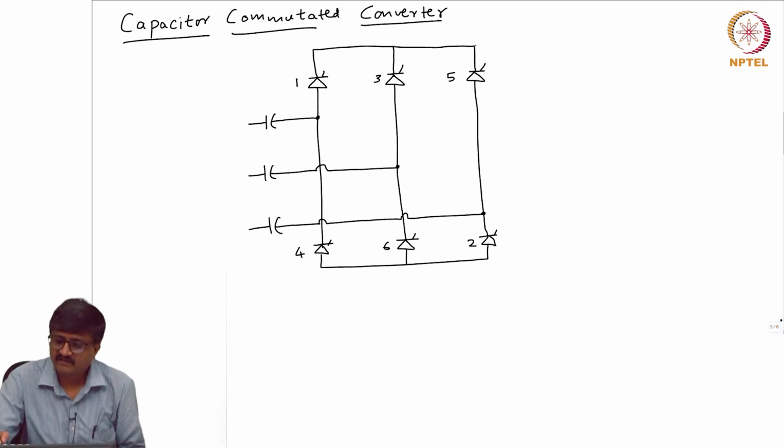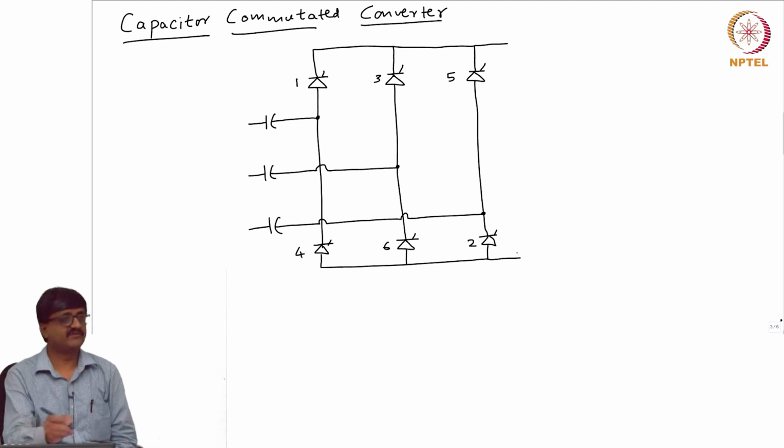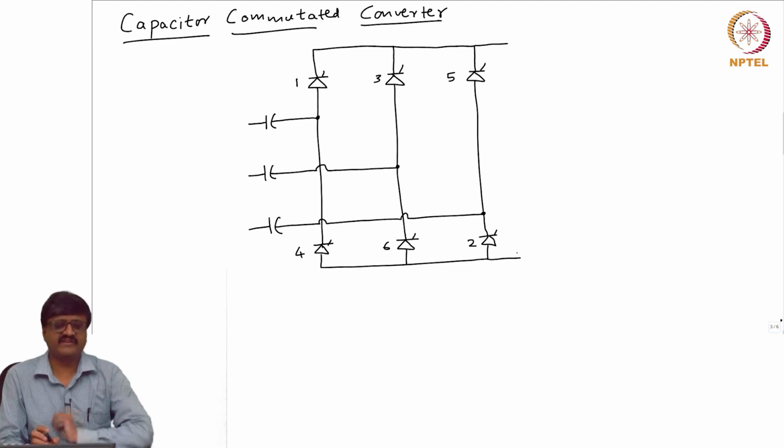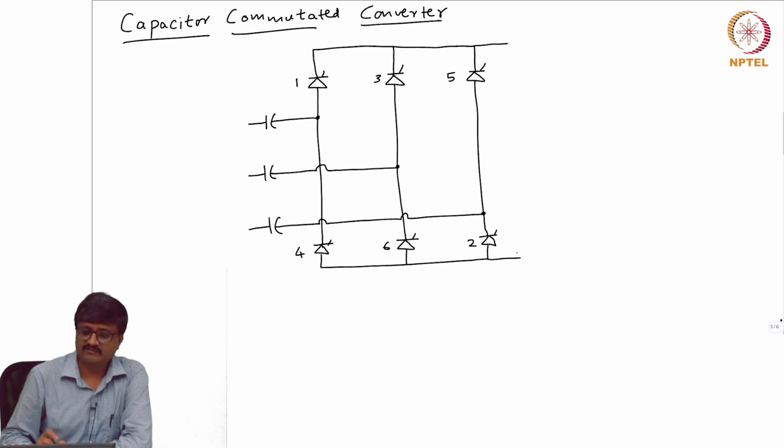There are 2 terminals on the DC side and 3 terminals on the AC side. So, this is the circuit of a capacitor commutated converter. In addition to the 6 thyristor valves, you have 3 capacitors.